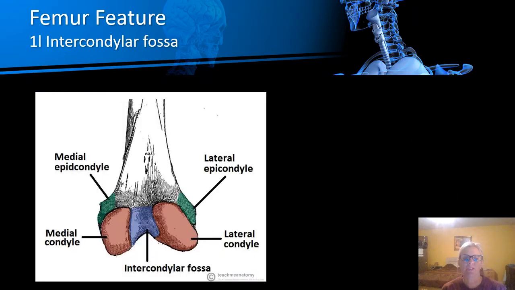All right, I really like this picture because it highlights everything in a different color, and you can associate it with your epicondyles and your condyles. Inter means between, condyle means knuckle, and fossa is a depression or a ditch. So intercondylar fossa literally means between knuckle ditch. That's a pretty easy term to remember as far as what it means, right?